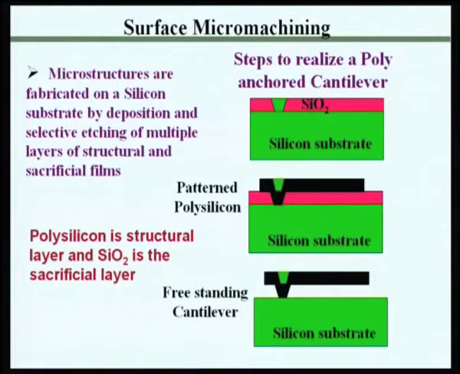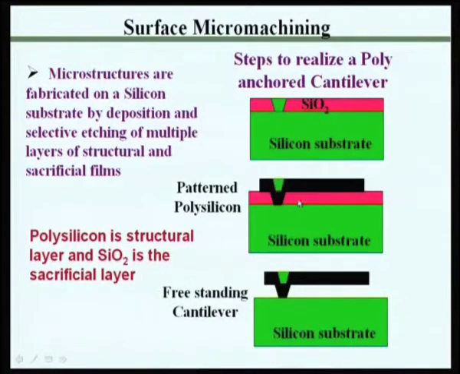What is done here can be explained based on the process steps that you have seen in deposition and patterning. What we need to do on top of this silicon wafer is to first form a silicon dioxide layer, which is to be patterned to create this hollow space, and then deposit a second layer, which in this case consists of polysilicon, and then make it freestanding by removing the outside.